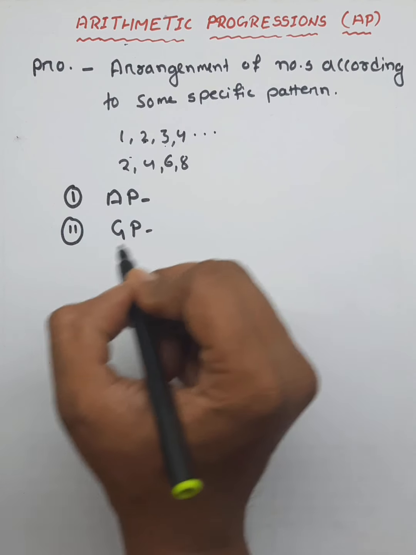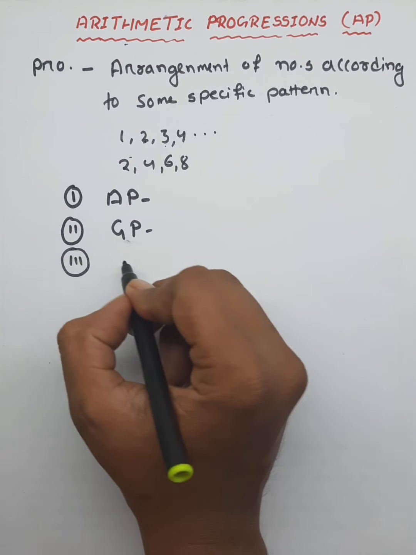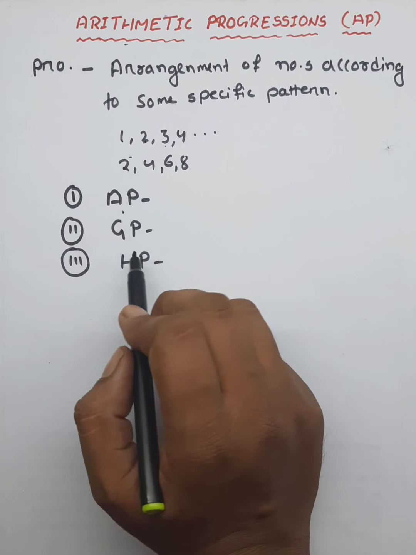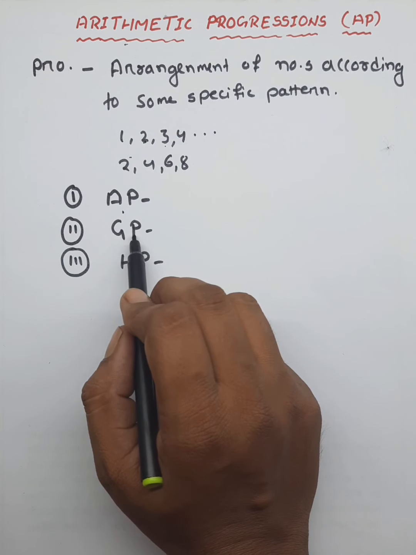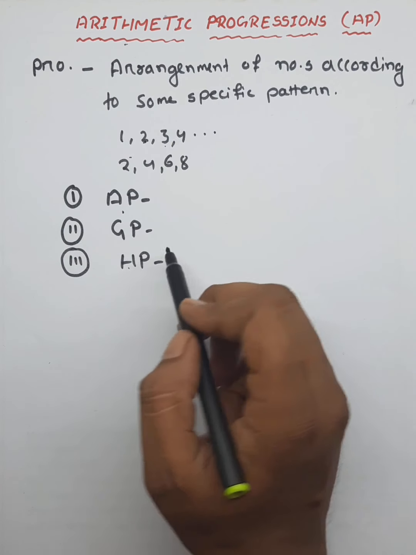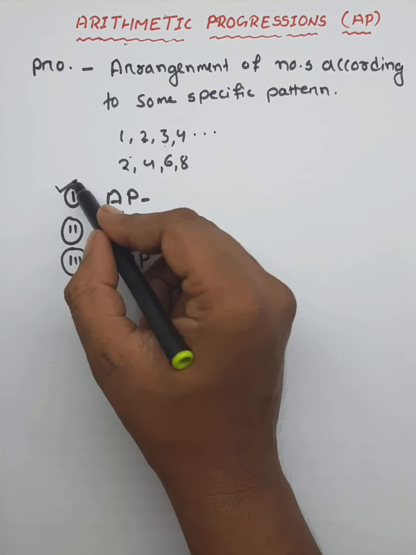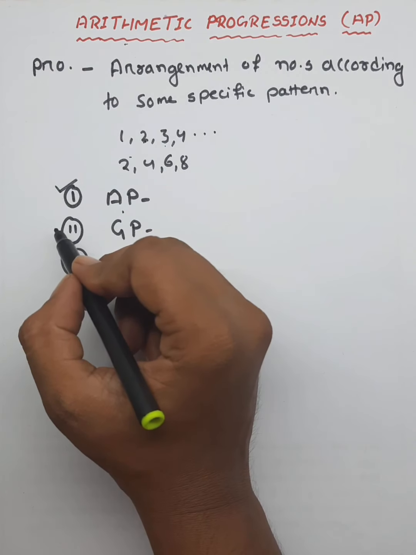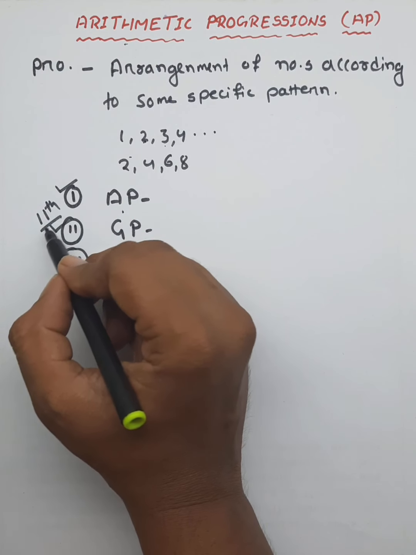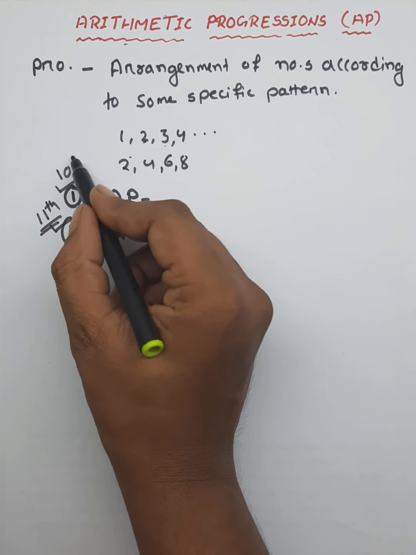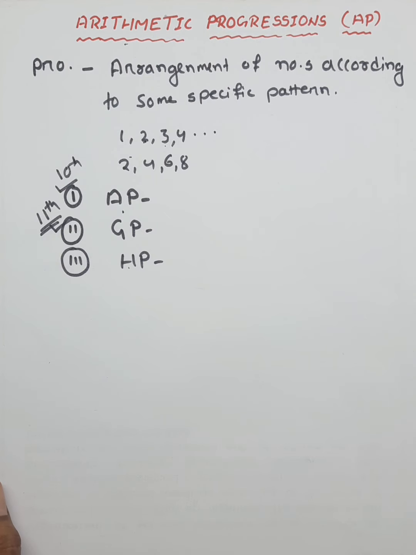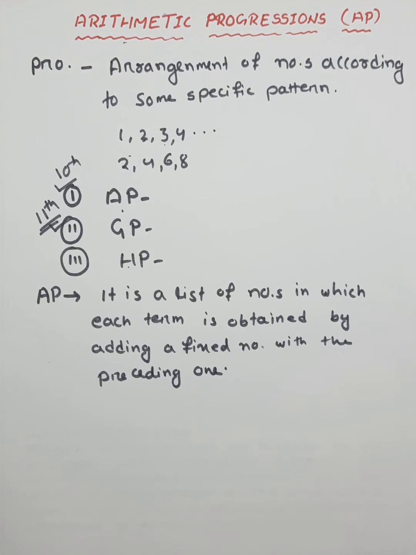AP means arithmetic progression, GP means geometric progression, and HP means harmonic progression. Only AP is in our syllabus in 10th, the others you will read in 11th class. So let's know what is AP.